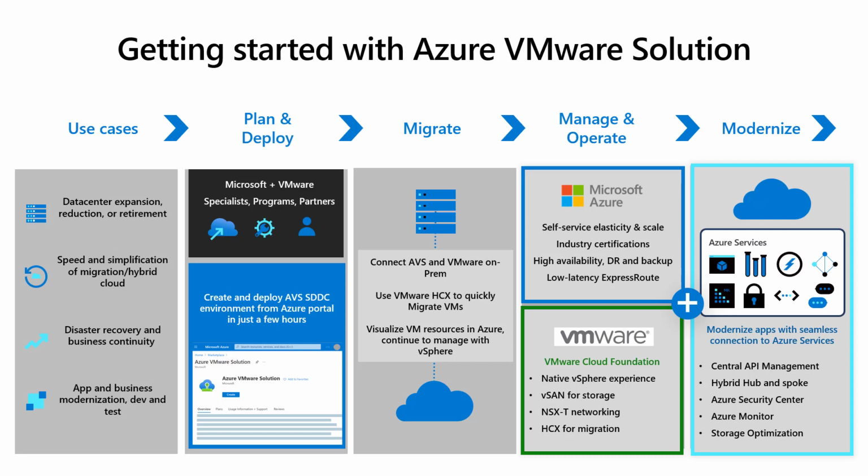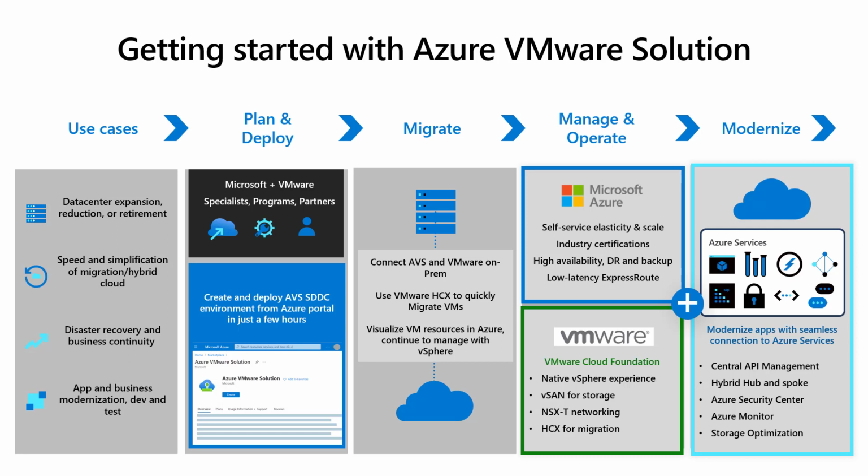From there, you'll think through a migration scenario where you'll connect AVS and the VMware on-prem environment together. You'll use VMware Hybrid Cloud Exchange, or HCX, to quickly migrate VMs. You'll be able to visualize resources in Azure and also be able to continue to manage resources using vSphere. It's a great compromise if you're thinking about a digital transformation.